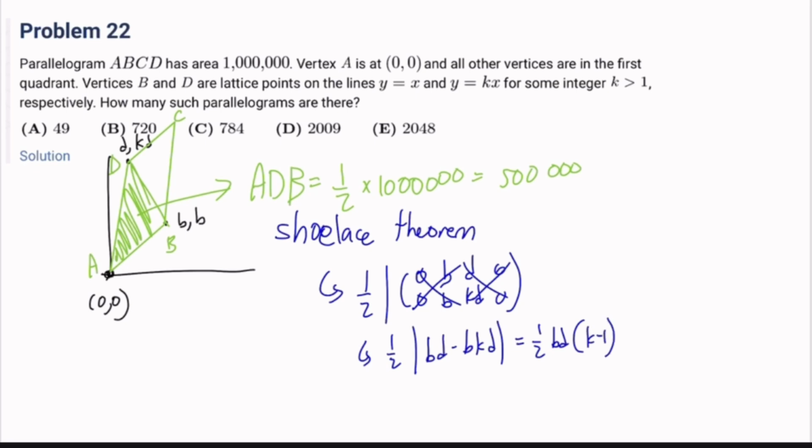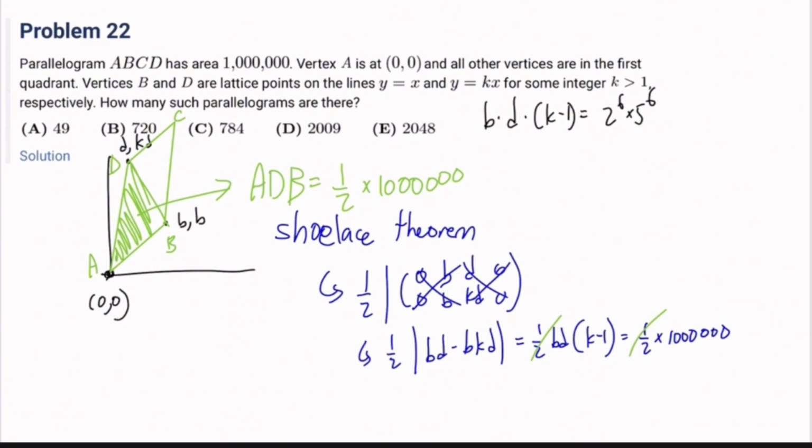And this is equal to 1/2 of 1,000,000, so we can cancel these out. That gives us b times d times k minus 1 equals 1,000,000. And 1,000,000 is just equal to 2 to the 6th power times 5 to the 6th power.